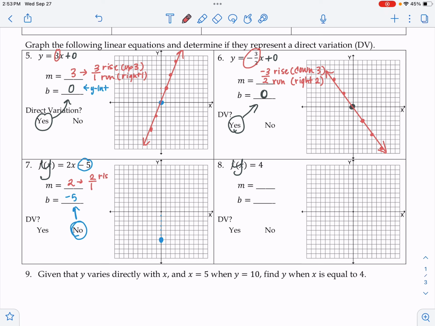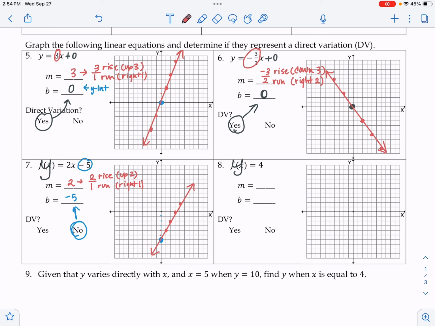So we're going to rise 2, run 1. And so we're going to go up 2, because it's positive, right 1. So up 2, right 1, up 2, right 1, up 2, right 1. And so you can see this line does not go through the origin.